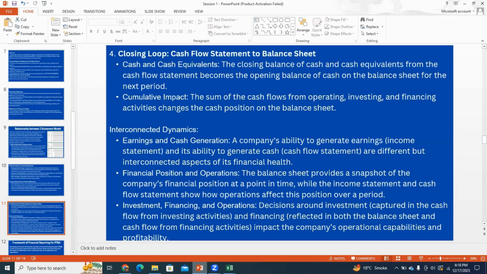The next thing it says: decisions around investments are captured in the cash flow from investing activities, and the financing activities reflected in both the balance sheet and the cash flow impact the company's operational capabilities and profitability.